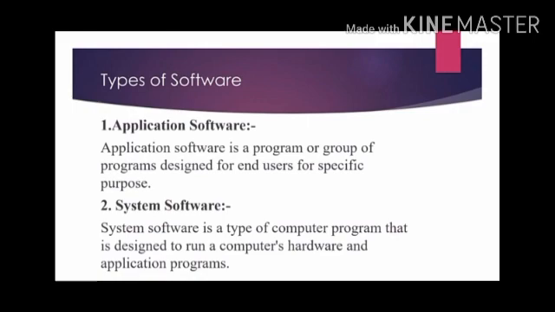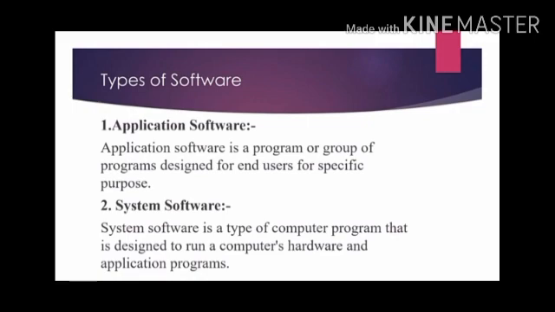Okay. Now what is system software? System software is a type of computer program that is designed to run the computer's hardware and application software. So system software can only run the computer's hardware and application programs. Like Microsoft Windows. By using Microsoft Windows, we cannot draw or listen to a song.